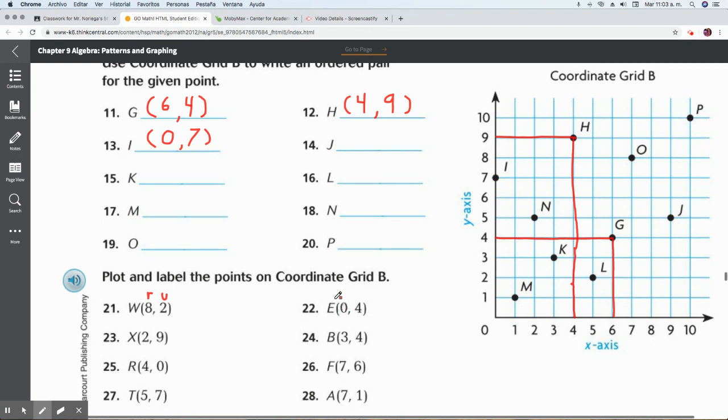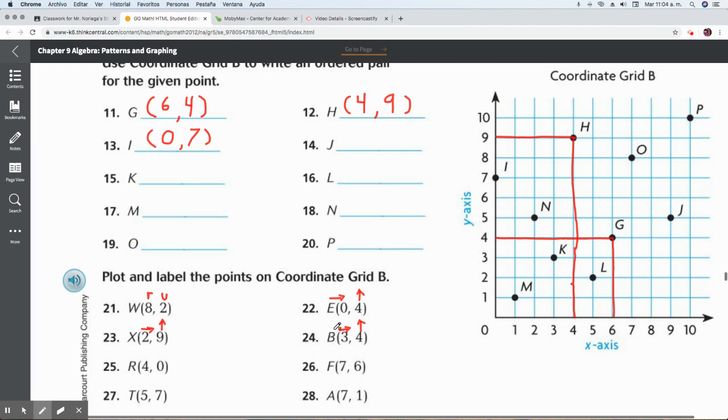The first number is on the x-axis, meaning how many steps to walk to the right, and the second number is on the y-axis, how many steps to walk going up.